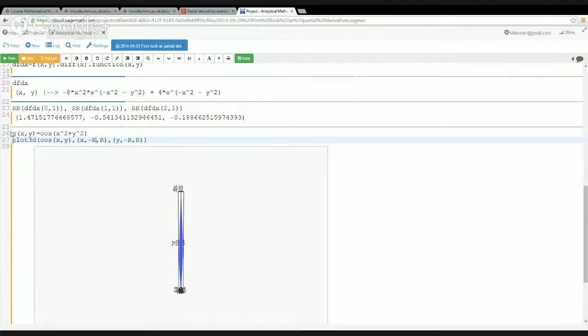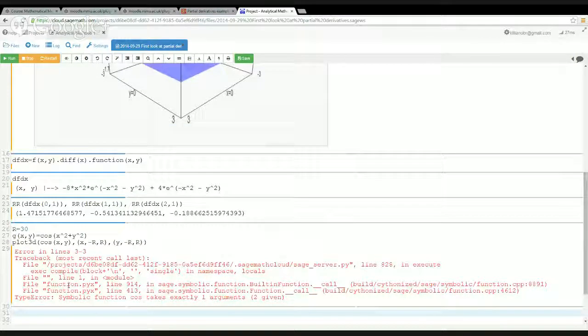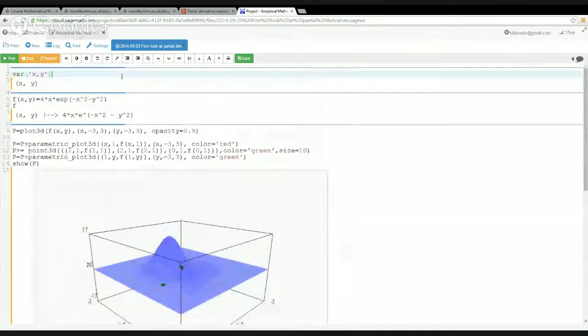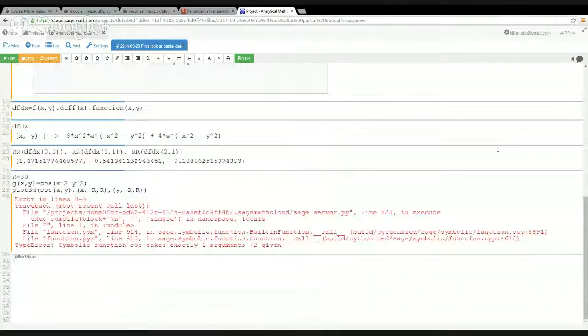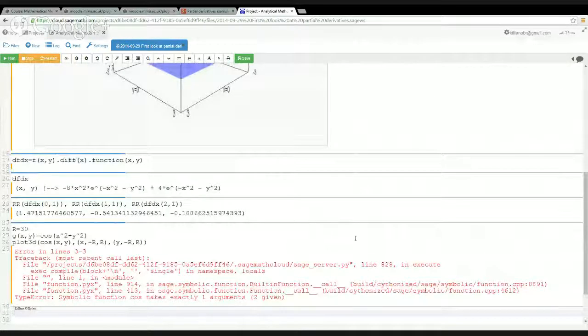Just make R be the extent of our plot. We'll start off with R equals 30. Saying x and y are not variables, so we need to do the G. This thing's called G.